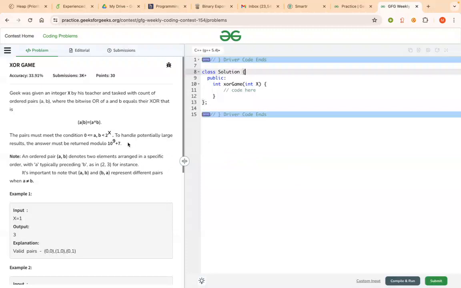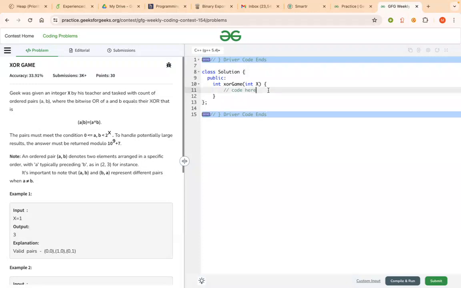Geek was given an integer x and tasked with counting, and your task is to count the number of ordered pairs a, b where a and b might be different or might be the same as well, and the condition is that the bitwise OR and the bitwise XOR of both the numbers should be the same.